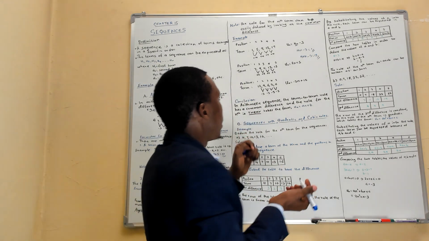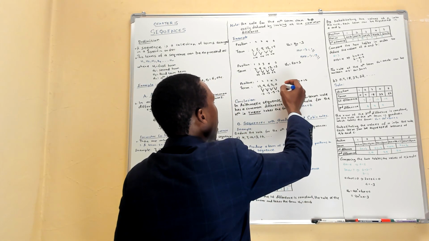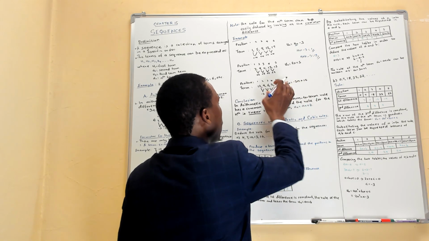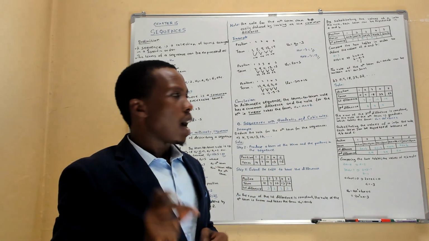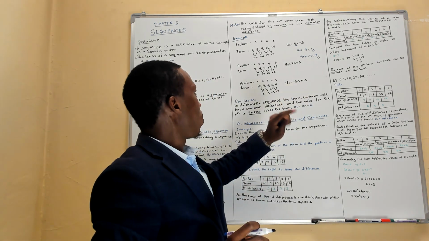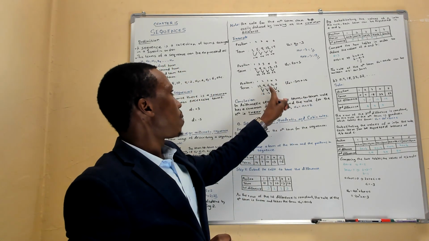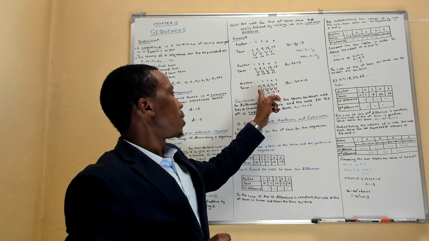So what I do is I use the formula, because now I have used the sequence that I have and come up with the nth term.